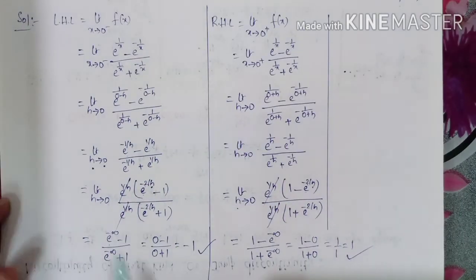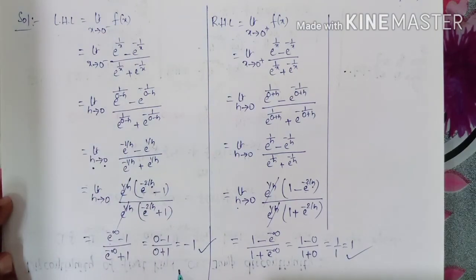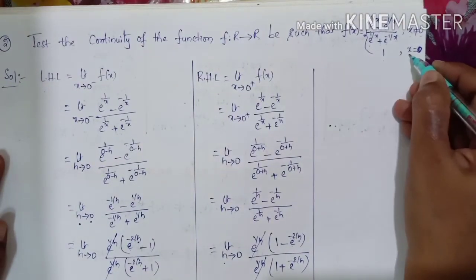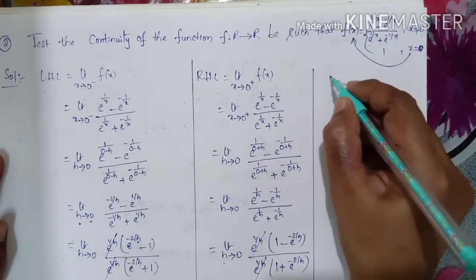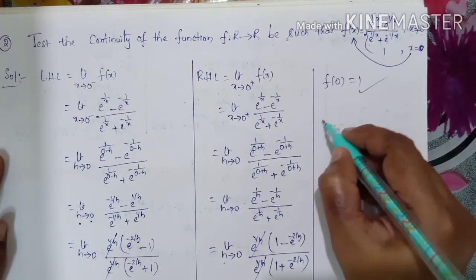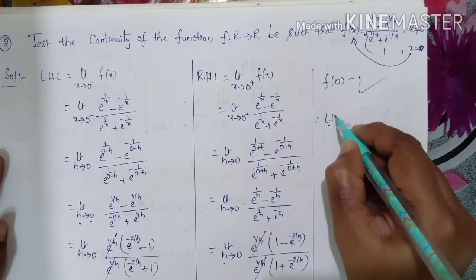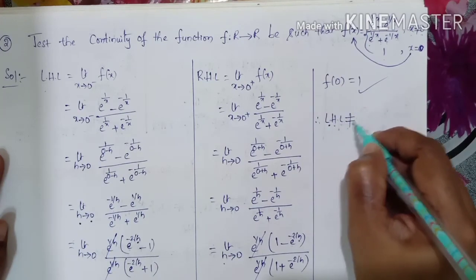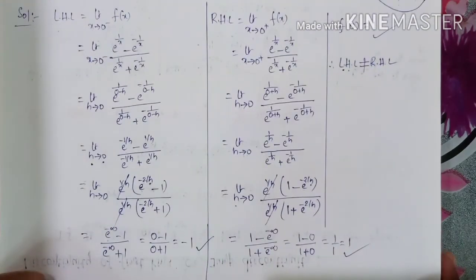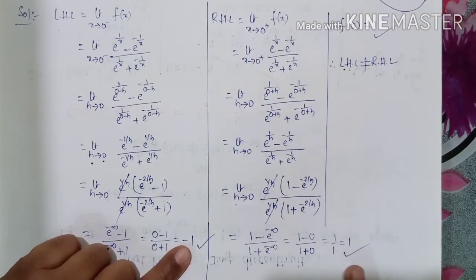So we got left-handed limit is minus 1, right-handed limit is plus 1, and in the problem on substituting x is equal to 0, we got f of 0 equal to 1. Therefore, left-handed limit is not equal to right-handed limit. We have observed just now, left-handed limit is minus 1, right-handed limit is plus 1.